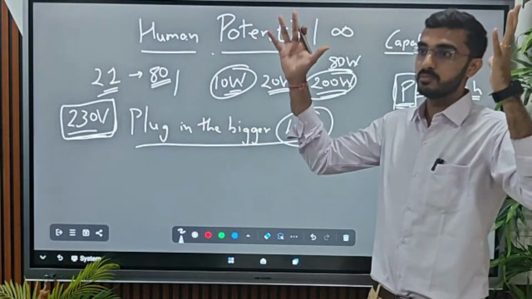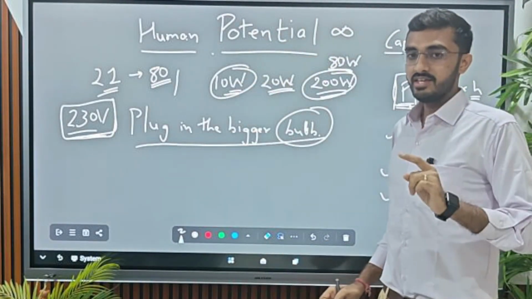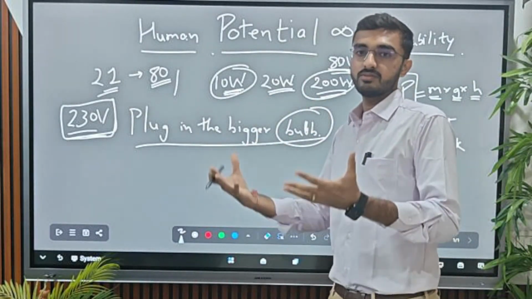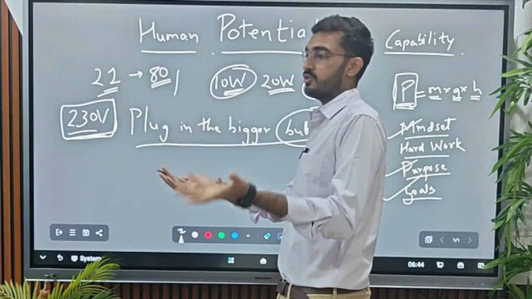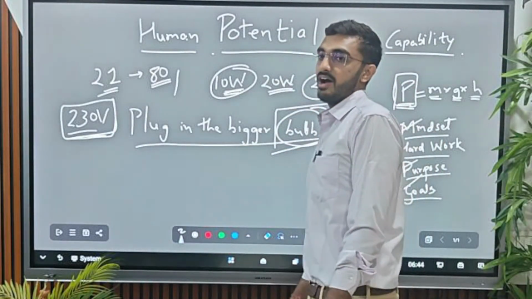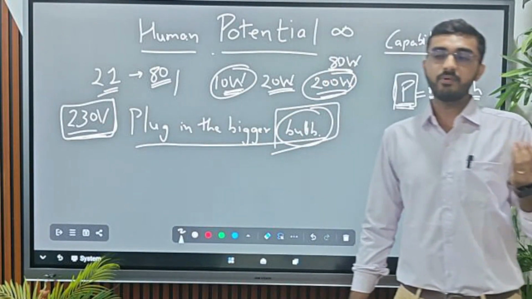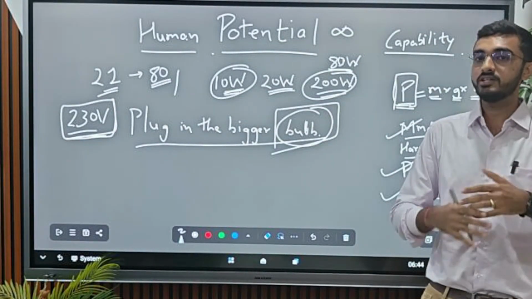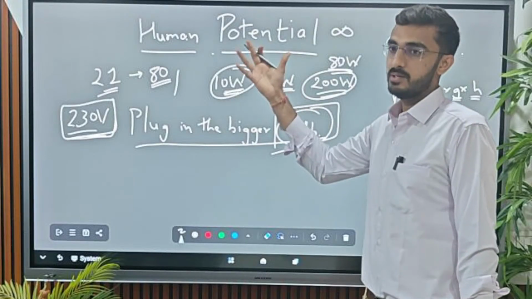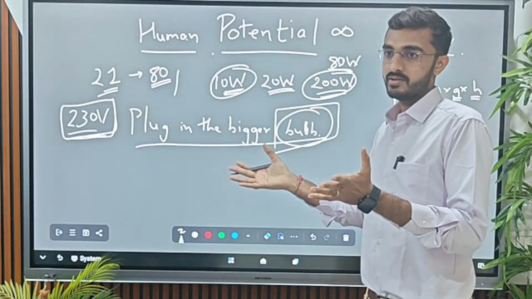That is like the biggest bulb you can have. Your power consumption, your energy, or the illumination in your life will depend upon the size of your bulb. How big your bulb is will determine how much power you draw in your life, how much success you get, how much happiness you get. Bigger the bulb, the more the fulfillment.